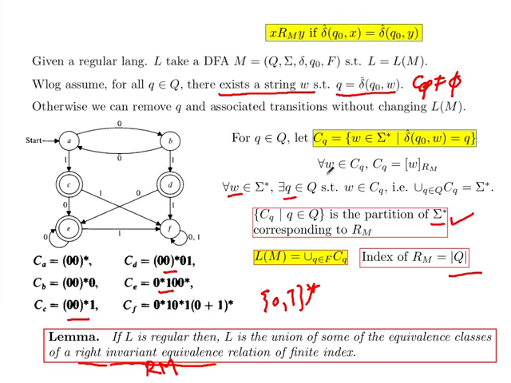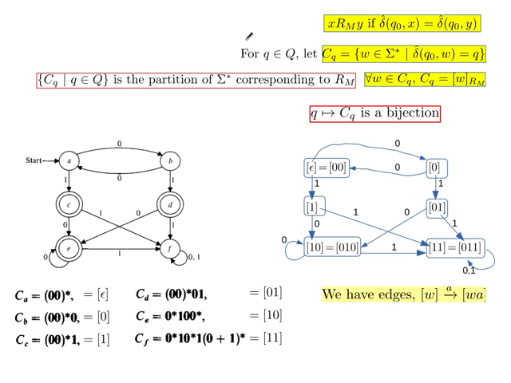So just to summarize what we did here: we showed that if we take all the strings that lead to some state q from q0, these Cq's are precisely the equivalence classes of this equivalence relation Rm.